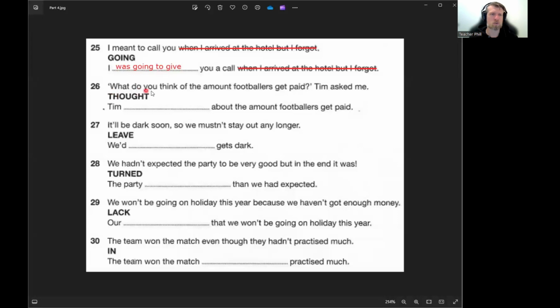So here it says, what do you think of the amount footballers get paid? Tim asked me. And then it says here, Tim, about the amount footballers get paid. Okay, so again, first of all, I can see here, the amount footballers get paid, that's kind of the same thing, right? So we eliminate that. But then you can see the 2 sentences become quite different.